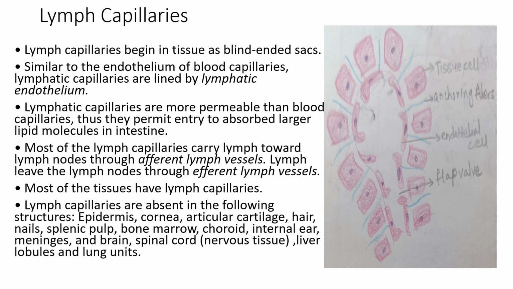Most of the organs have lymph capillaries in them. Again, important for MCQ, you should remember the lymph capillaries are absent in epidermis, cornea, articular cartilage, hair, nail, splenic pulp, bone marrow, choroid, internal ear, meninges, brain, spinal cord, liver and lungs. So these are the organs where the lymph capillaries are absent.